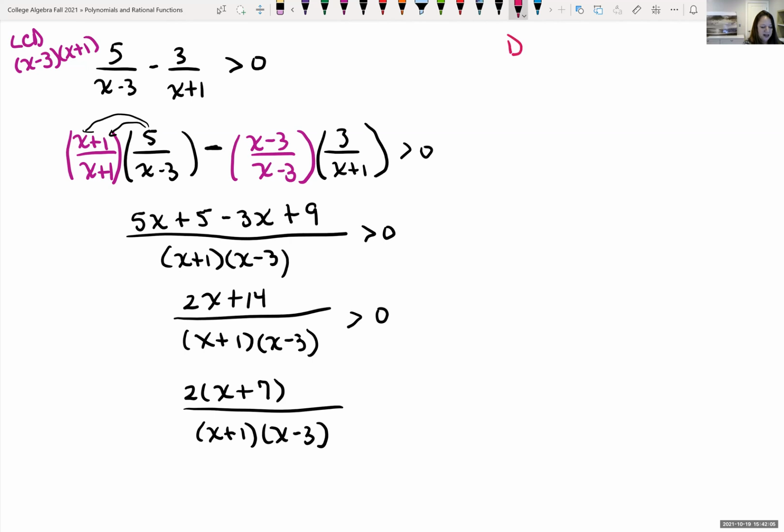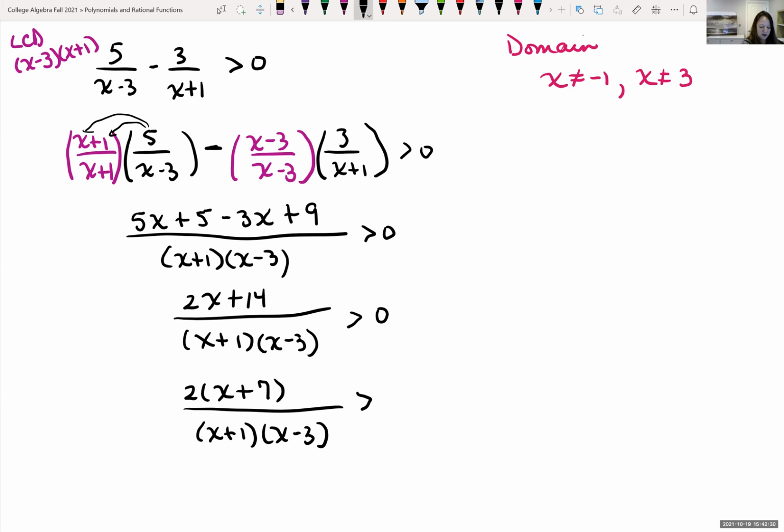So for our domain, x cannot set those denominators equal to 0. So x cannot be -1 and x cannot equal 3. Graphically, because these values don't set my numerator equal to 0, we would have a vertical asymptote at those values, x equals -1 and x equals 3.